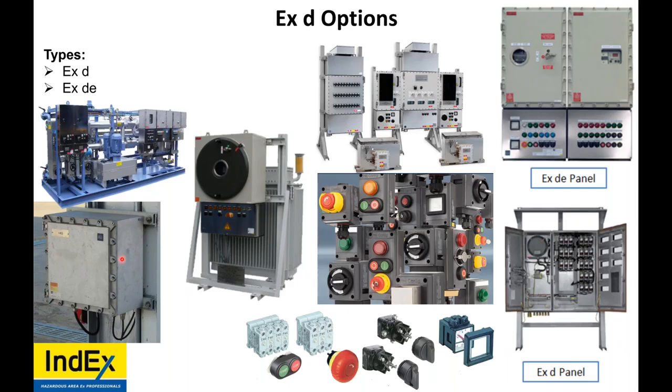Then we have the typical EXD enclosure. Then we have EXDE panels, which allow the use of not having to use a barrier gland. They have line bushings. There's different types of EXD, how it is utilized. EXD panel, EXDE panel.